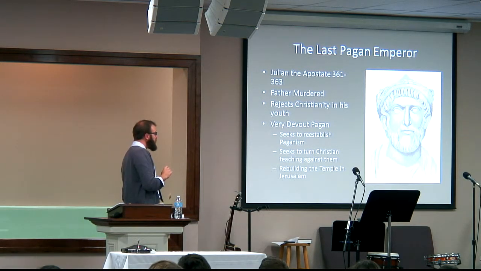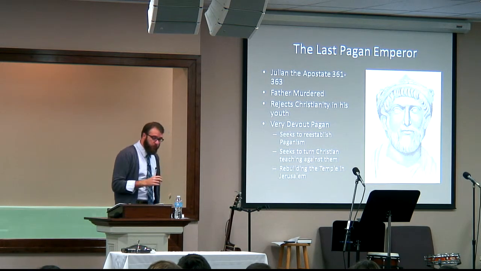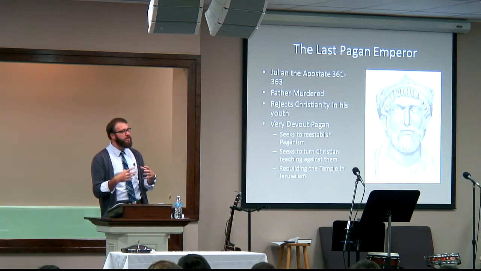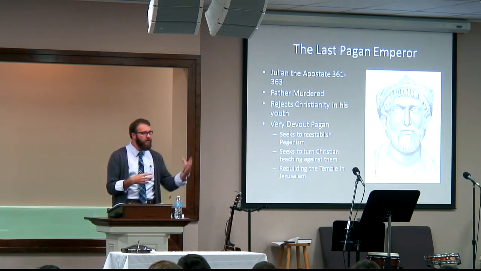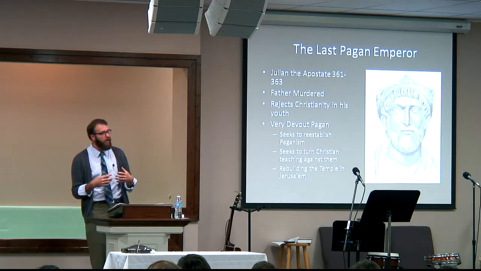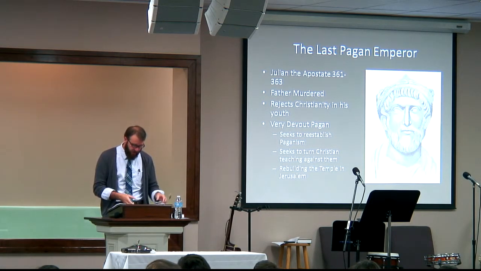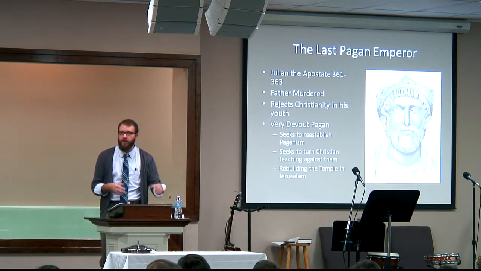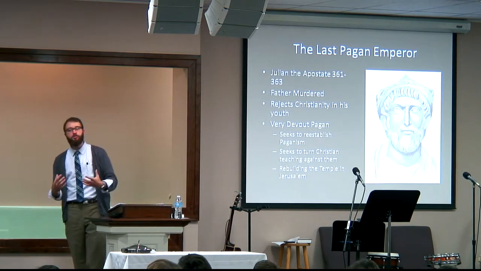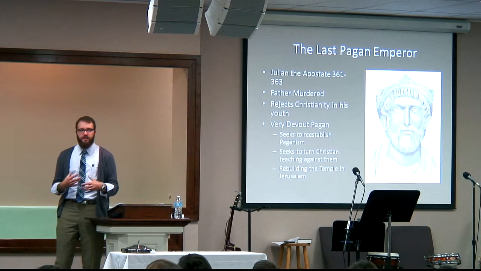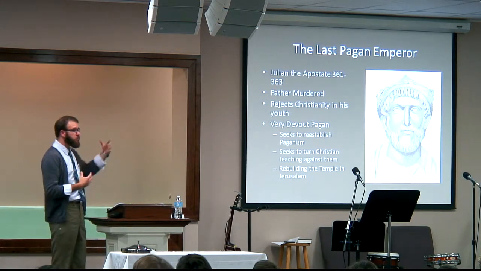But what ends up happening is that the brothers end up fighting amongst themselves. 2 of them do, and then another one's overwhelmed by a rebel. And so basically what you have is one son of Constantine, Constantius, is the only one left, and he has no children. And the only person that's left to carry on the throne after him is Julian.